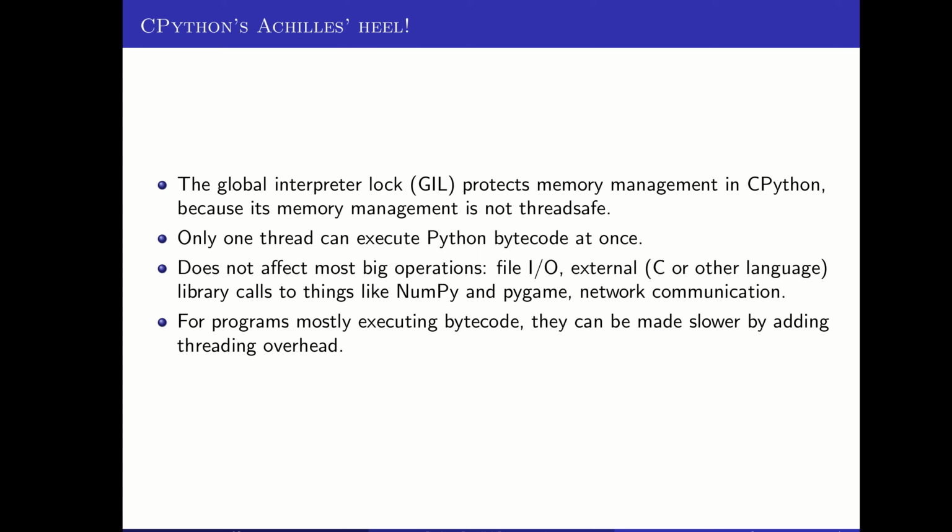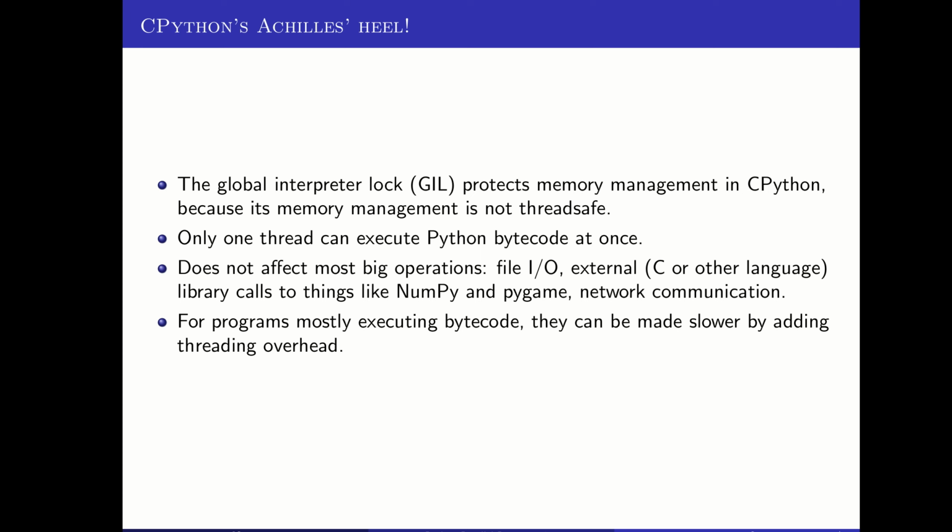There are some things that can be done independently, like when you ask for file input output and that's getting read into some buffer, or that kind of thing. If you're doing library calls to other big libraries, like NumPy, Pygame. NumPy does statistics. Pygame helps, or has gaming related libraries.